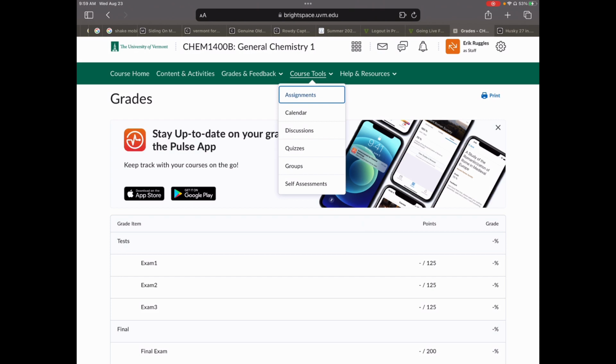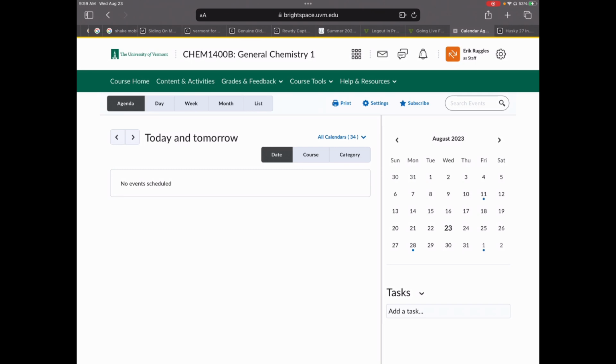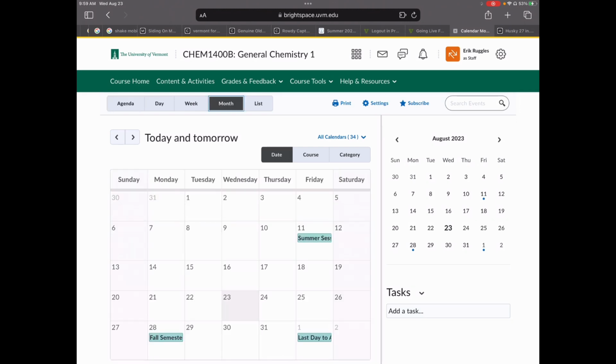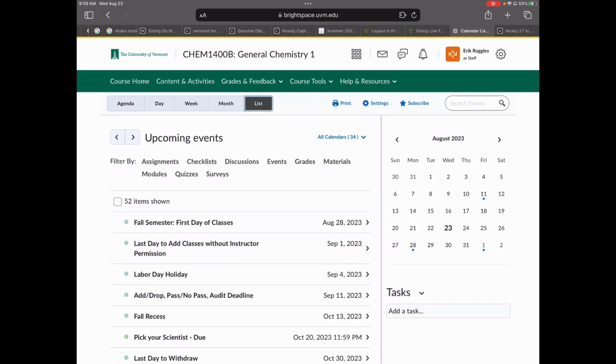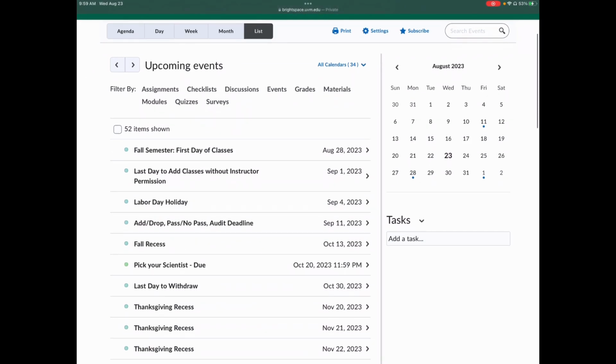The calendar is one that we can use because it's going to give us upcoming information that's going to be happening. For instance, by the month here, we have different dates in green to worry about. We can put that into list format, which gives us different holidays.